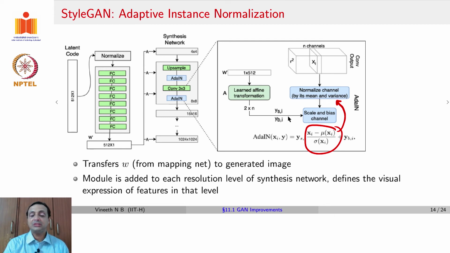Note that these values y_s,i and y_b,i could be different in different blocks of the synthesis network, and each such transformation thus defines the visual expression of features in that level, and that allows the input latent to have a different influence at different resolutions of generation.